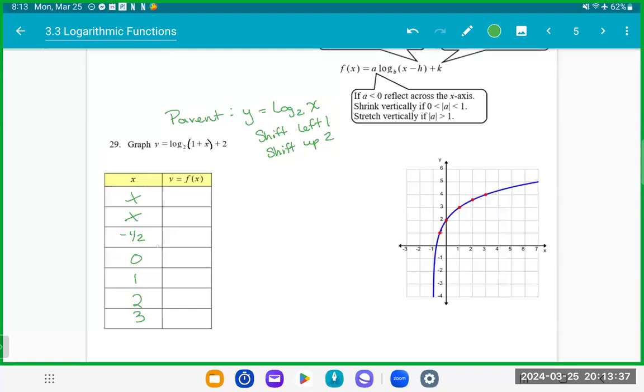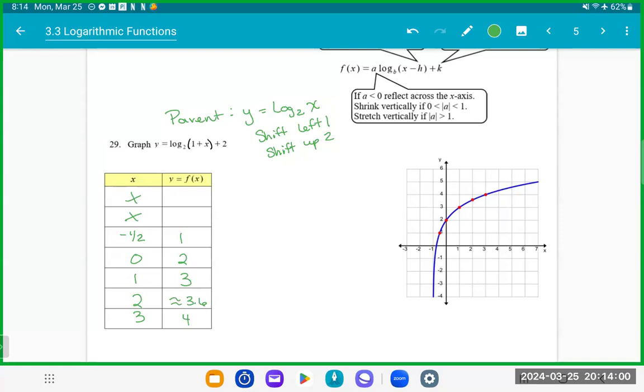So when I plug in -1/2 in here, I get my y is equal to 1. When I plug 0 in, I get 2. When I plug 1 in, I get 3. When I plug 2 in, you have to approximate, and it's 3.6, and 3 is going to give you 4. So that's what the graph would look like over here.